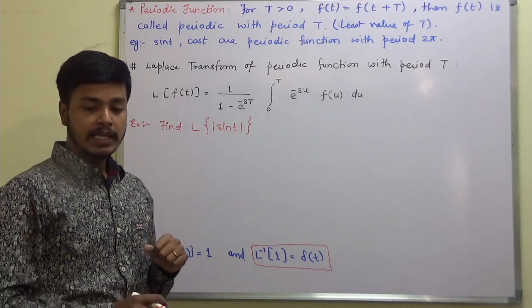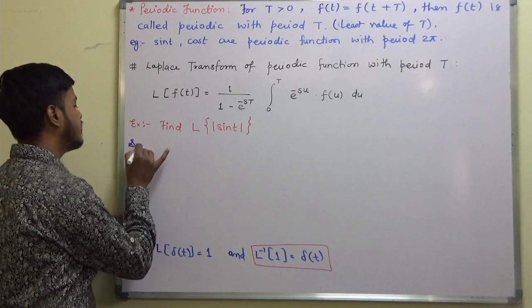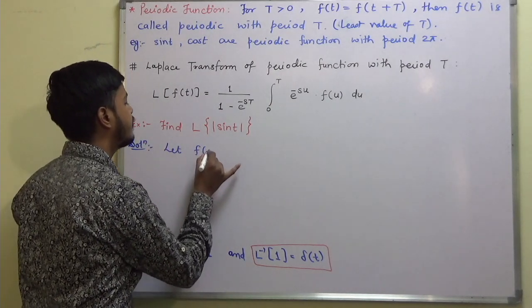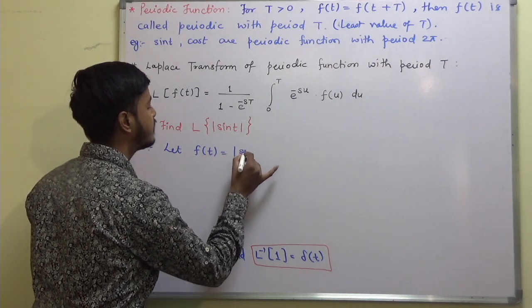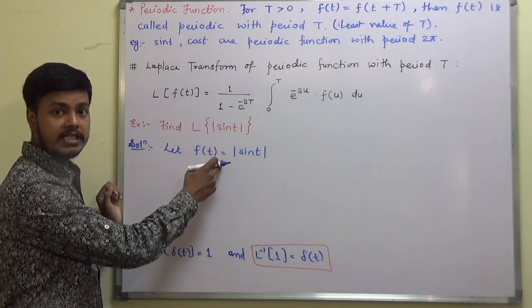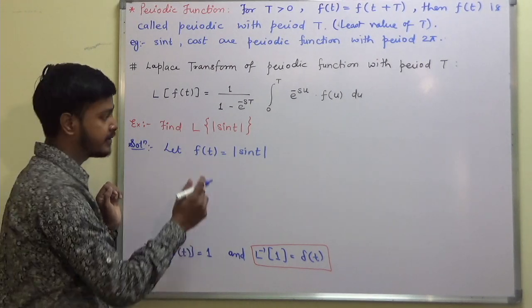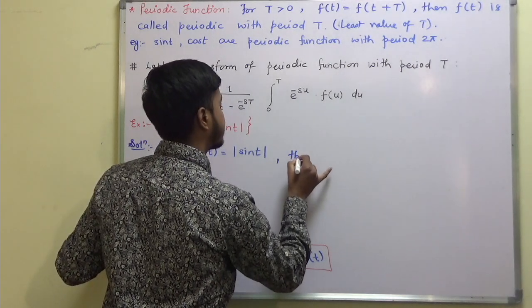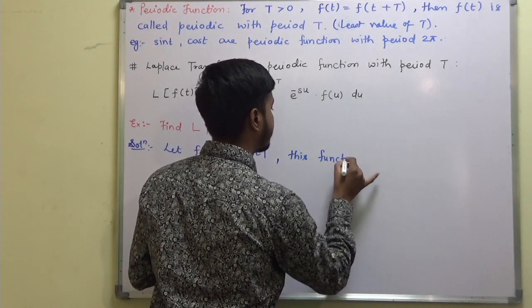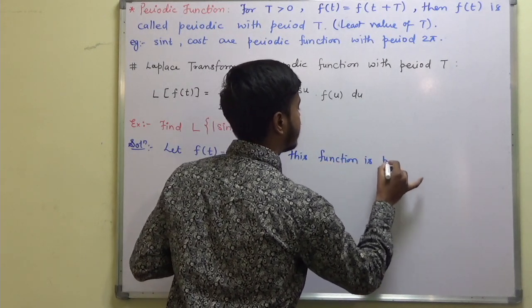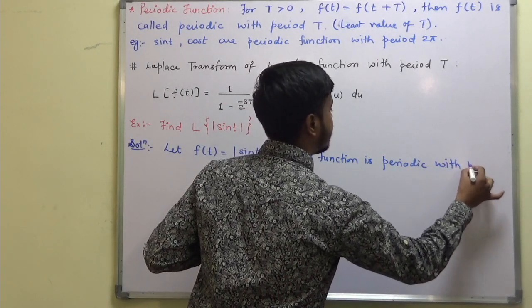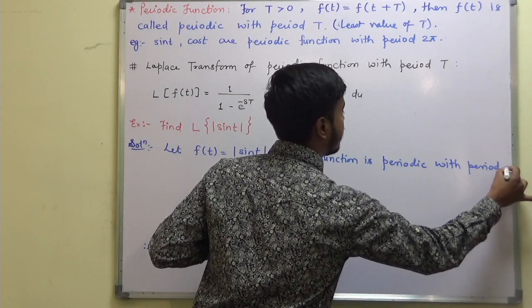Okay, so let me first write down the solution. Let f of t is equal to mod of sine t, and this function is periodic with period pi.